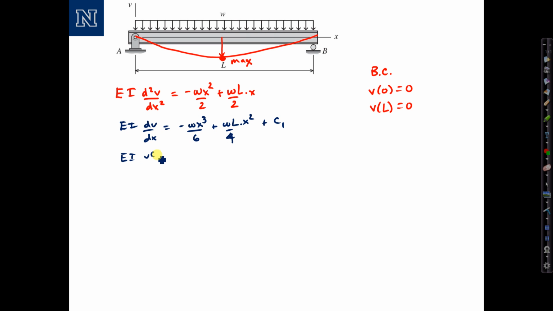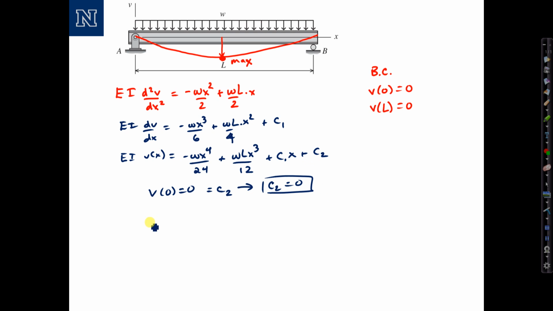EI v of x equals negative wx to the 4th over 6 times 4, which is 24, plus wL x cubed over 4 times 3, which is 12, plus C1 x plus a second constant of integration, C2. Let's start with the easier boundary condition, v of 0 equals 0, which is going to be equal to C2, so that tells us that C2 is equal to 0.